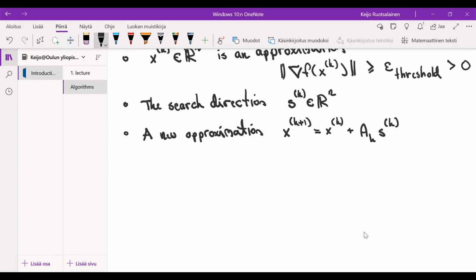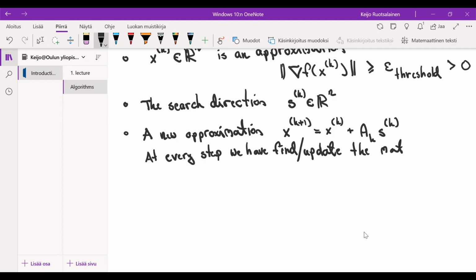What is this Ak? So it's a square matrix.